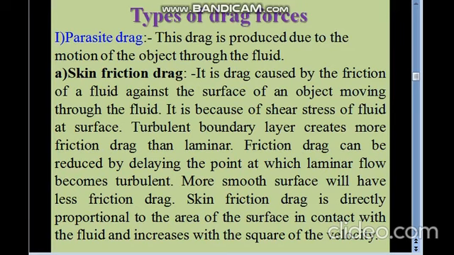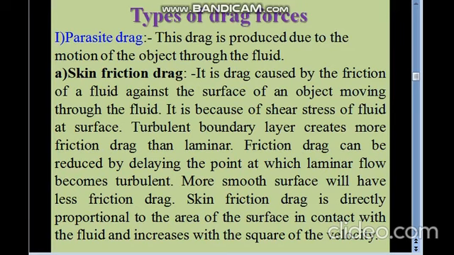There are three subtypes of parasitic drag. First is the skin friction drag. We already know this. This is the drag caused by the friction of the fluid against the surface of the object moving through the fluid.